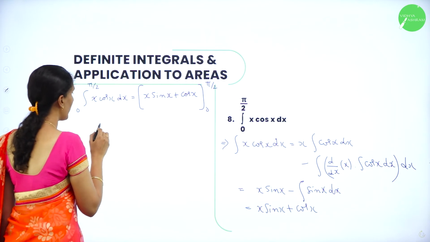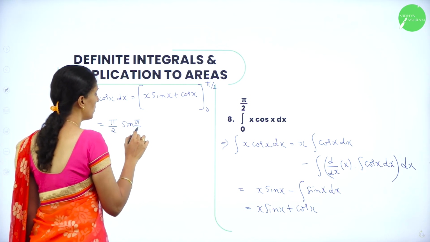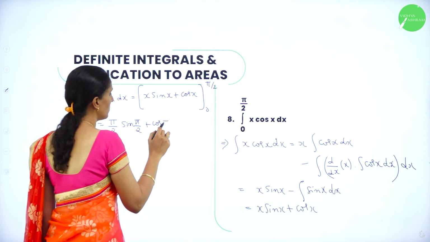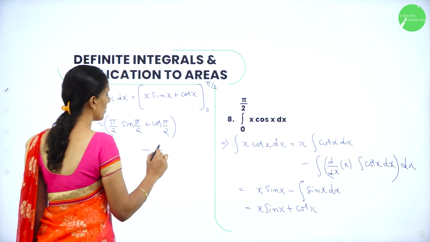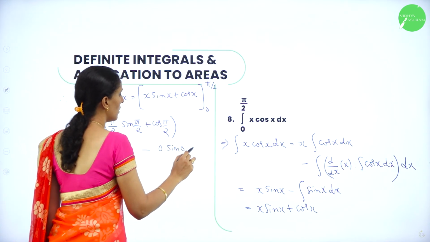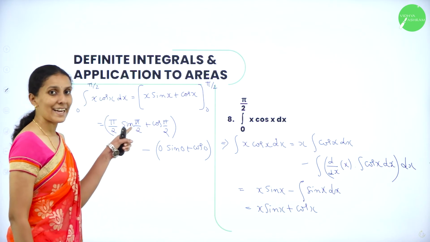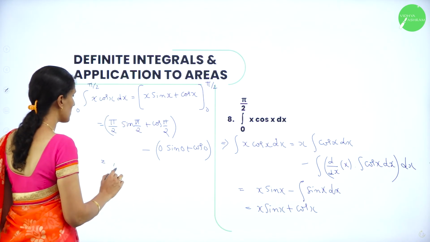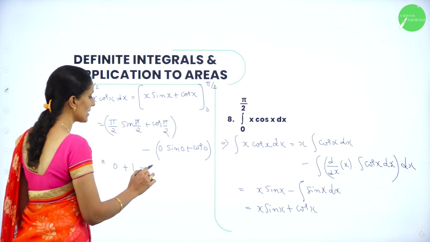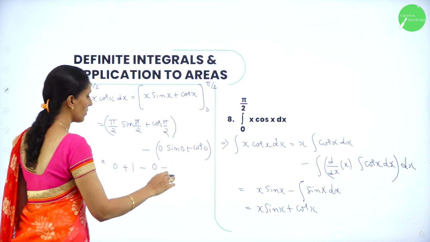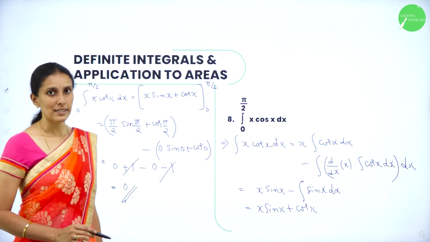Let's put in pi by 2: pi by 2 sin pi by 2 plus cos pi by 2, minus 0 sin 0 plus cos 0. So we know sin 90 is 1, so the first one becomes pi by 2. Cos 90 is 0. And here it is minus 0 minus cos 0, which is 1. So the value gets cancelled. Hence the integral value is 0.